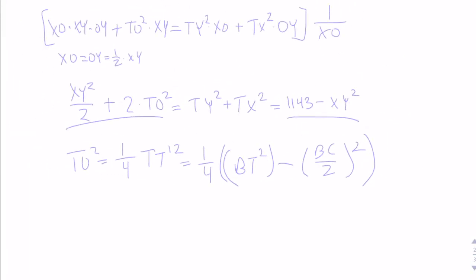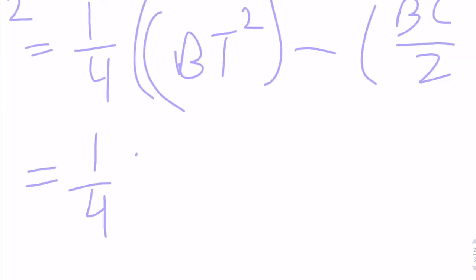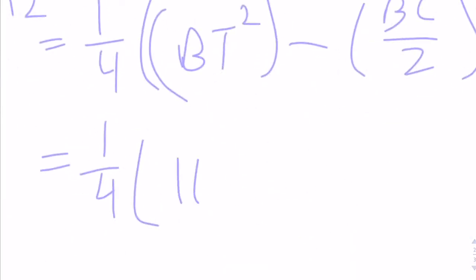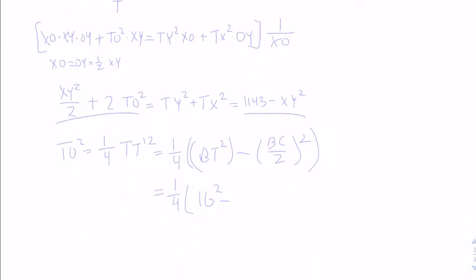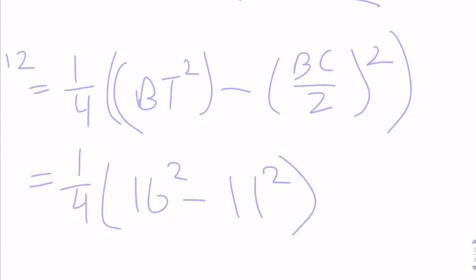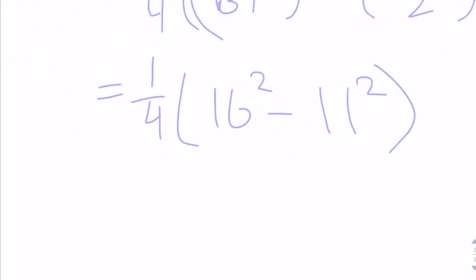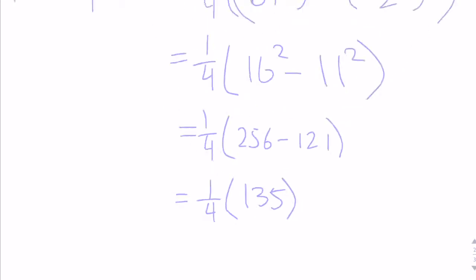So now we can calculate. This is equal to 1/4 times, where BT squared is 16 and BC squared is 22. So we get that TO squared is equal to 1/4 times 135.